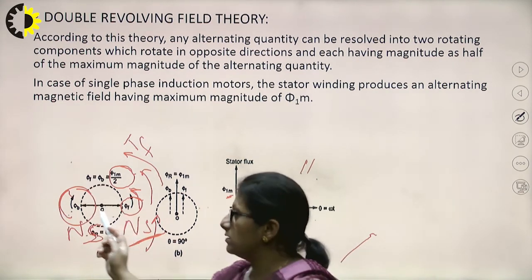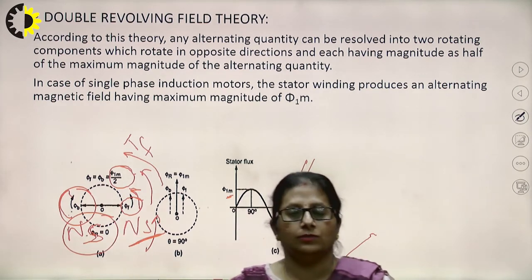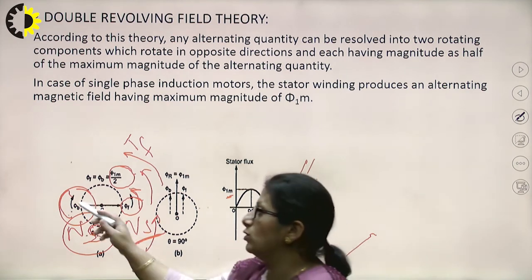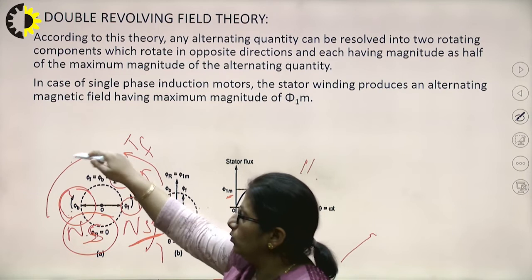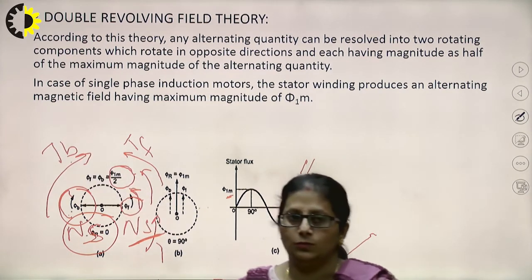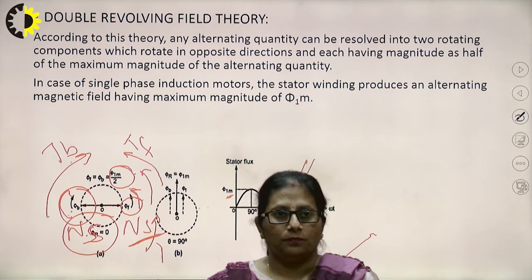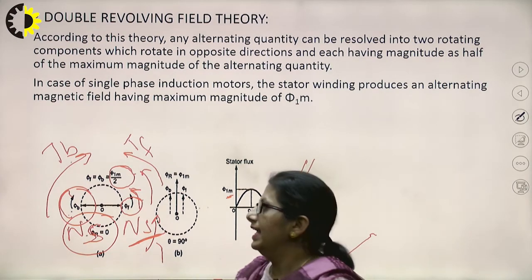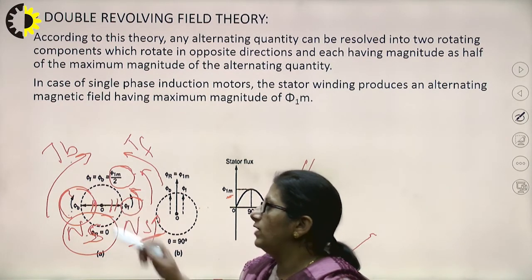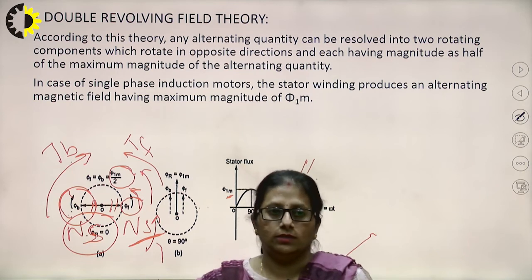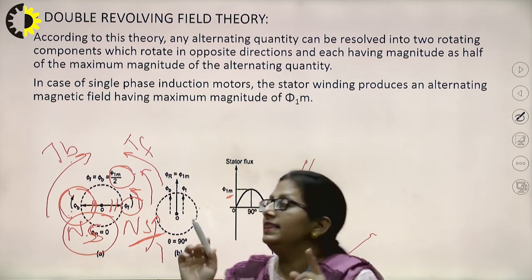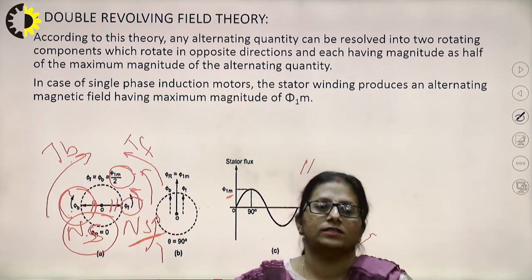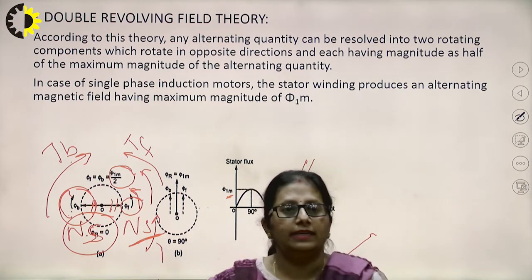So because of this magnetic field also, once again the rotor conductors will be experiencing an EMF, the current, and thereby the torque. So this field is also going to give me a torque being produced, but this time in the backward direction, which is the clockwise direction, right? So what is going to happen at the very starting, when both the fluxes are equal and opposite, then the torque being produced by these two fluxes or fields, that means phi f and phi b, both of these fluxes would be opposite and equal in nature.